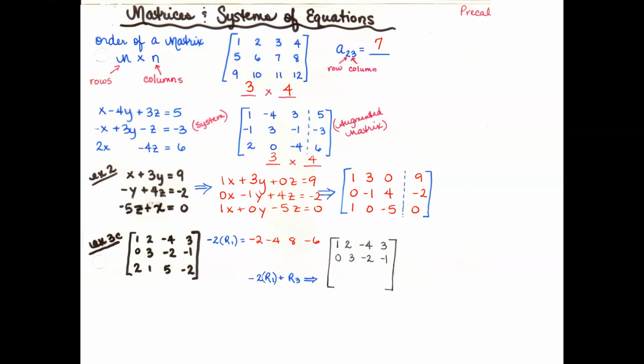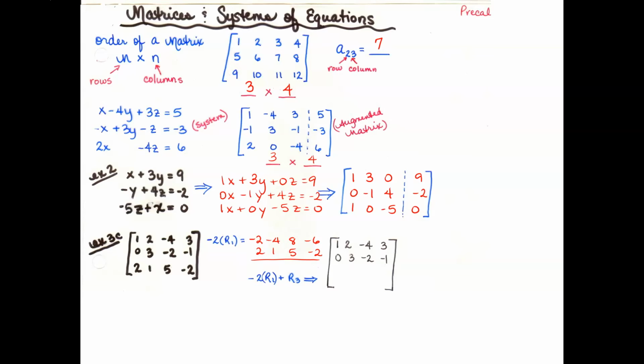So we already did negative 2 times row 1 right up here. So we'll just bring that down and we'll add it to row number 3. So row number 3 was 2, 1, 5, negative 2. So again, here's our negative 2 times row 1. Here's our row 3.